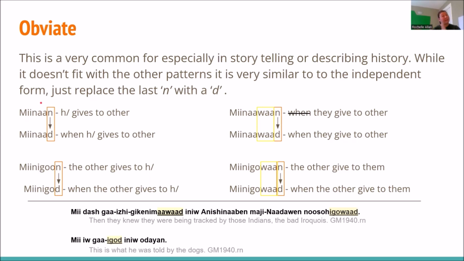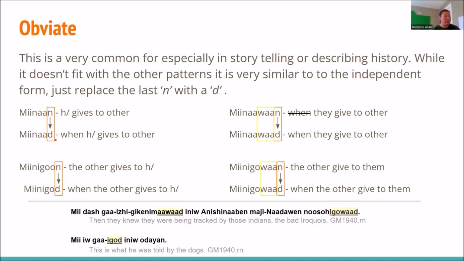All of the information comes after the verb. So when he gives it to that other person, minad. And you want to make sure that you keep your vowel length right, because you don't want it to sound like minad, which we just learned is you to him or her. This is minad, where third person is giving it to fourth person.